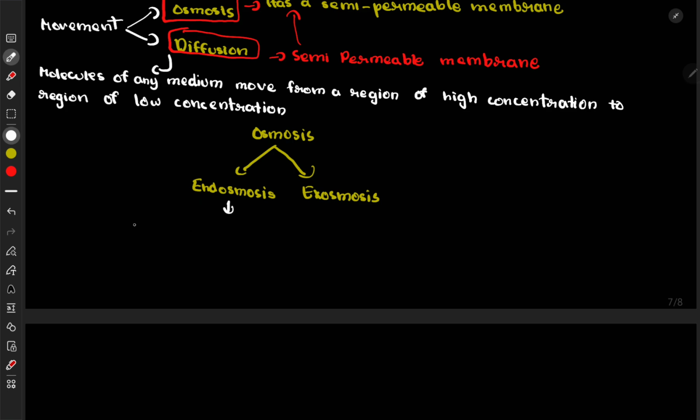For example, we have a large number of H2O outside the cell, and it's going inside the cell. Fine. Now, exosmosis means that something is going outside the cell.